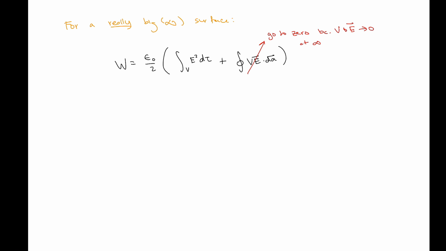Again, as I change the size of my volume, this is going to get smaller, this is going to get bigger, but they're always going to sum to the same value. So really I'm just cheating to simplify this integral. It would still work for any volume, but I want to simplify it. So I'm just going to do this integral, but the way that I have it written out, I've got to integrate the electric field over all space.